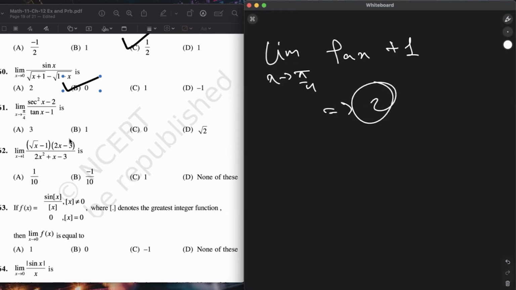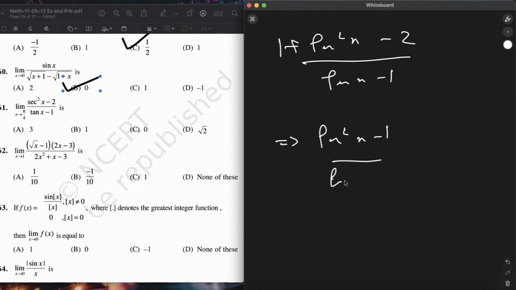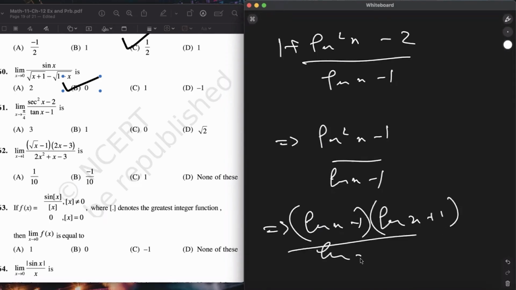The answer for this question will be, oh, there's no option as 2. Where am I wrong in this? Let's do it again. So there was 1 plus tan square x minus 2, correct, whole divided by tan x minus 1. So I'll be left with tan square x minus 1 divided by tan x minus 1, which can be opened as (tan x minus 1)(tan x plus 1) divided by tan x minus 1.